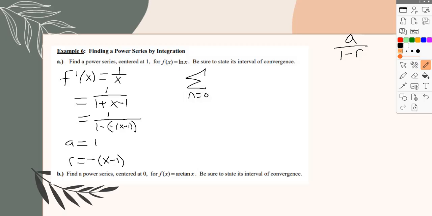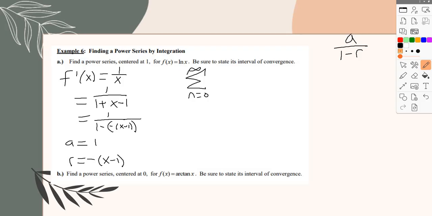The sum from n equals 0 to infinity of, what comes first? A, what's our A? 1.